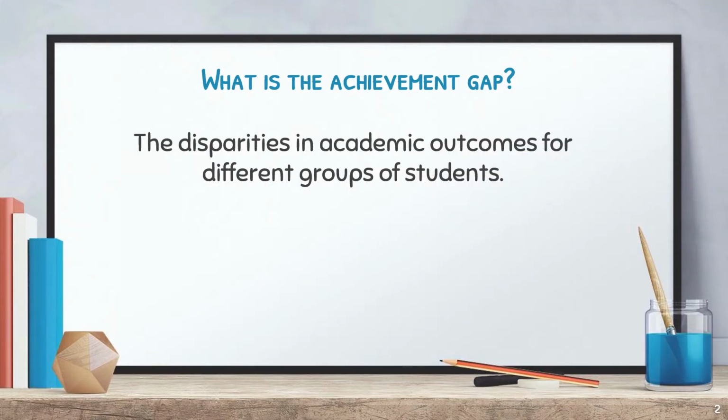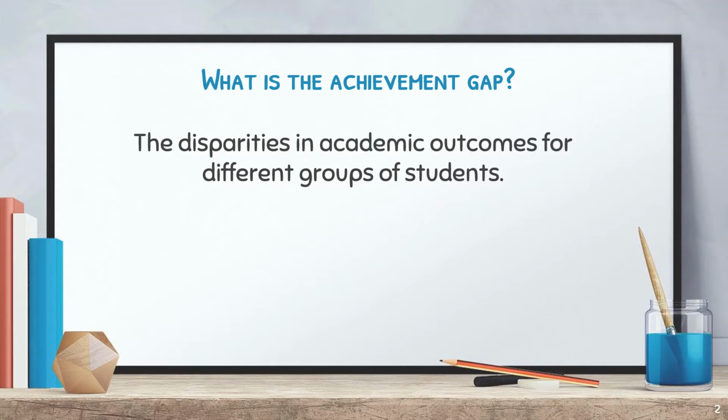The achievement gap refers to the disparities in academic outcomes for different groups of students. These outcomes are usually high-stakes test scores, such as the SOL tests in Virginia, or maybe the SAT or ACT tests you may have taken to get into VCU.